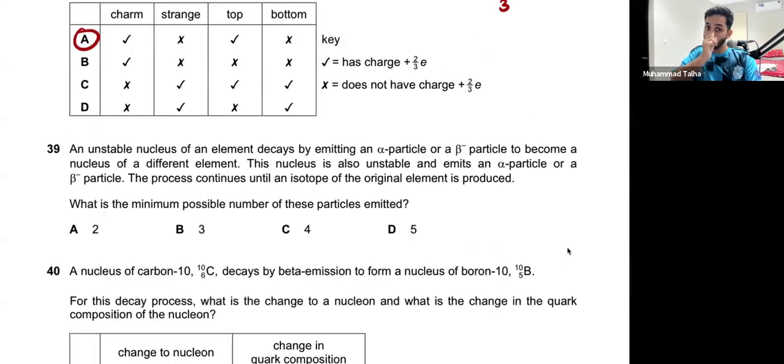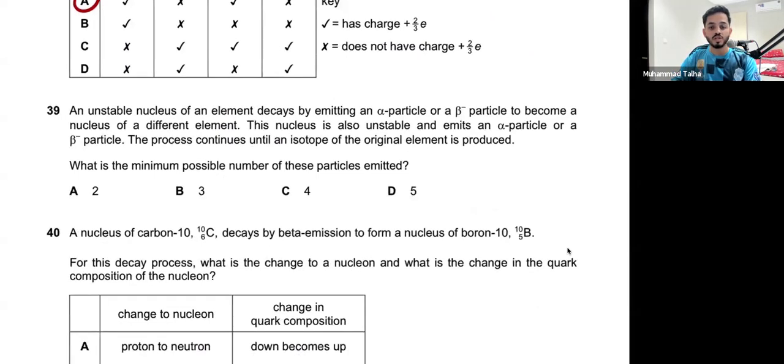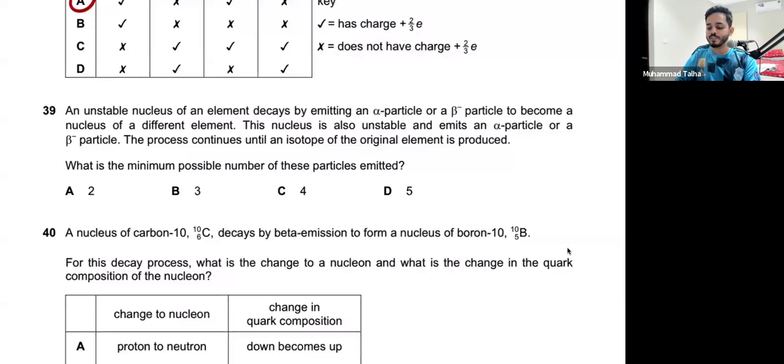39. An unstable nucleus of an element decays by alpha and beta emission to become a nucleus of a different element. The process continues until an isotope of the original element is produced. For the isotope to be produced, this means that the proton number is the same. So let's say I start off with a particle, let's call that D. This particle D has some nucleon number, some proton number.